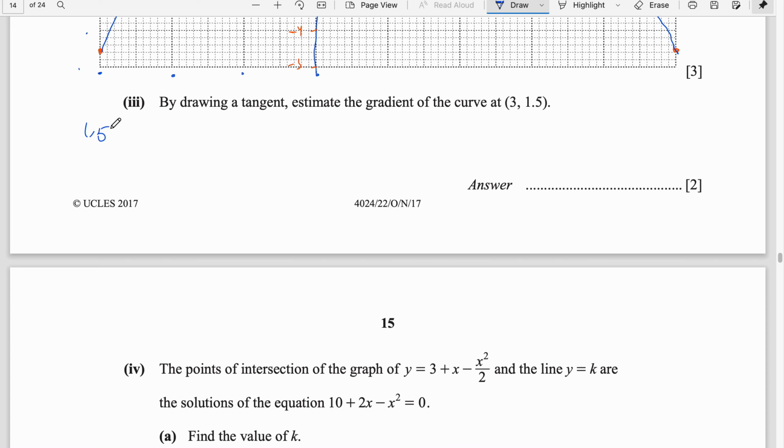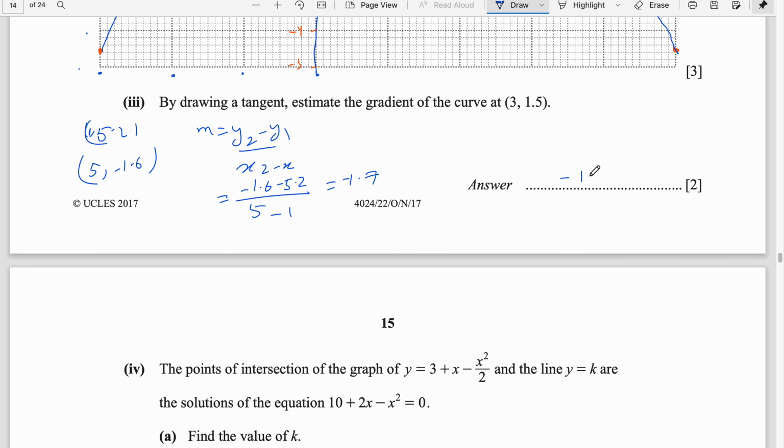So 1 and 5.2, and 5 and negative 1.6. Use the formula y2 minus y1 over x2 minus x1, and your gradient is approximately negative 1.7.